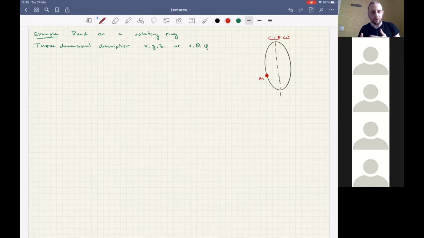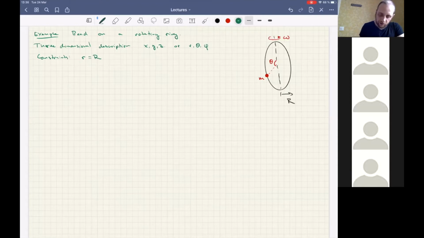However, if this bead is restricted to move on the ring, it really only has 1 degree of freedom, and that's essentially the angle theta. So the constraints here are, first, that r is equal to capital R, where capital R is the radius of this ring.